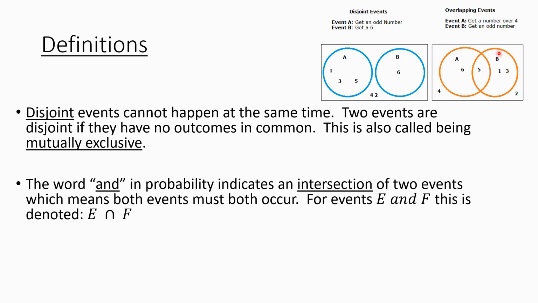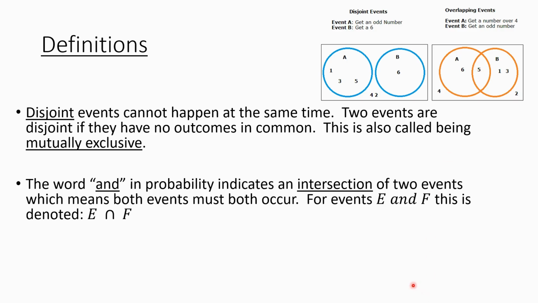Notice there is an overlap here because we have one number that is both over 4 and odd, and that happens to be number 5. It belongs in both of those sets, and so it is within the intersection. Okay, it meets both of those conditions simultaneously at the same time.